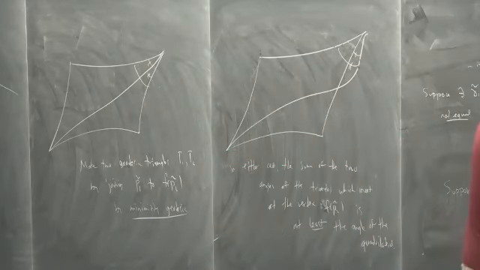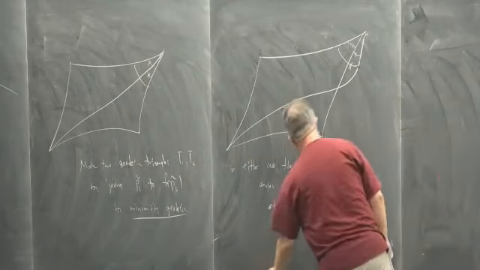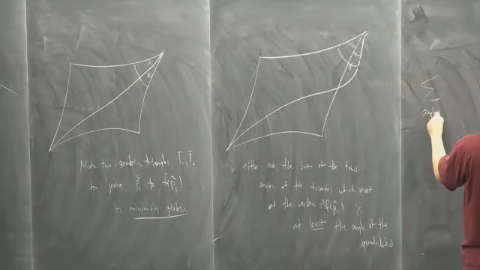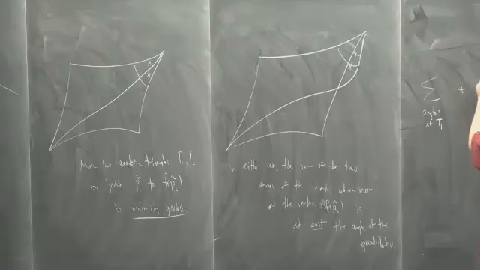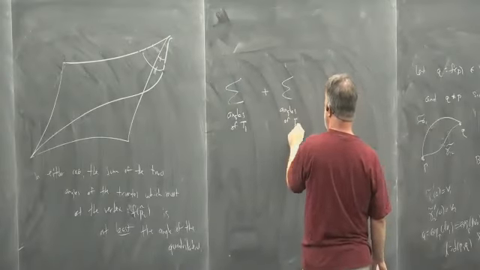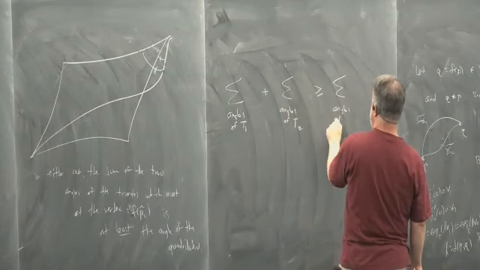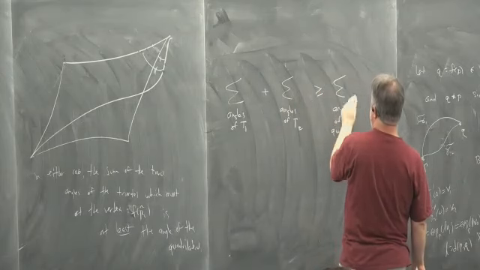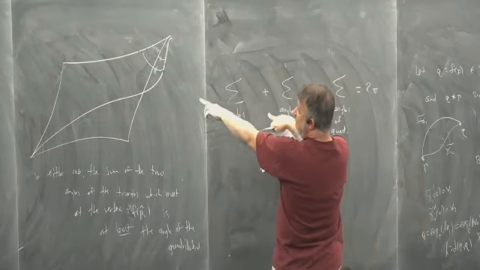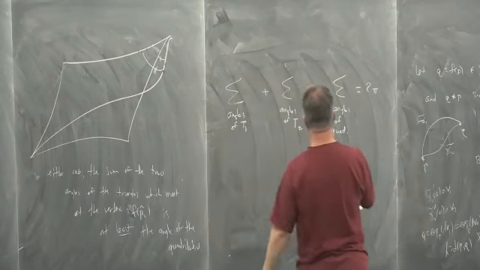So when I now add up the angles of the two geodesic triangles, the sum of the angles of T1 plus the sum of the angles of T2 is at least the sum of the angles of the quadrilateral, which is 2 pi, because the corresponding pairs add up to at least the angle of the quadrilateral.